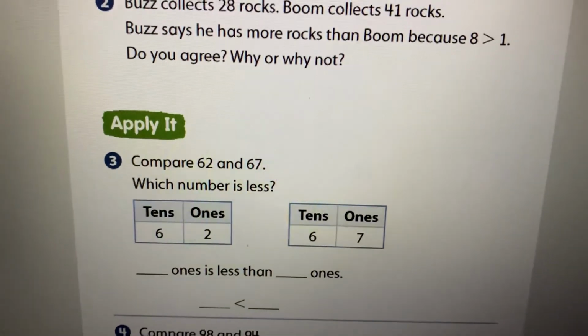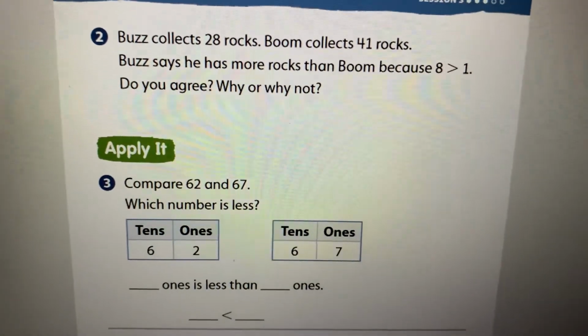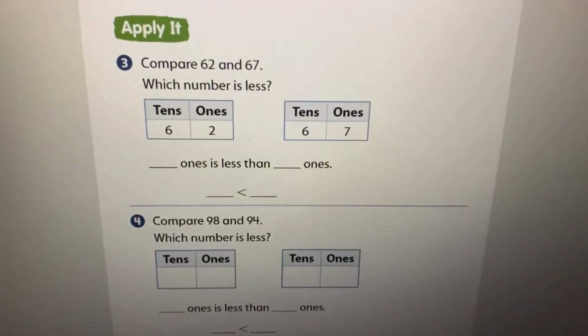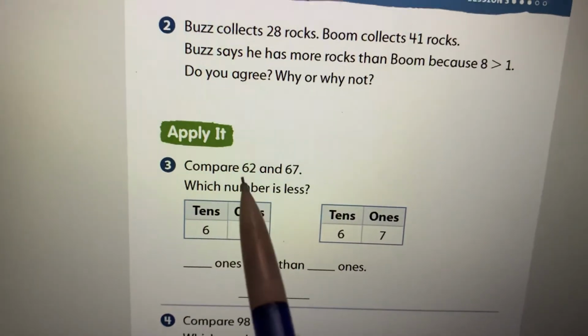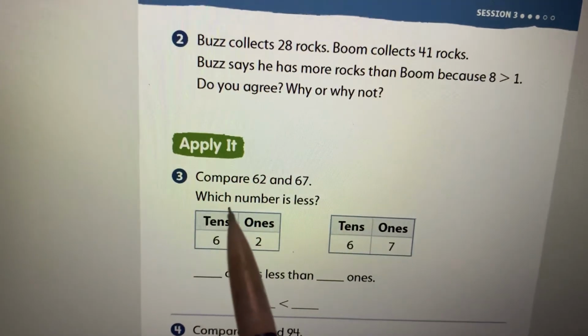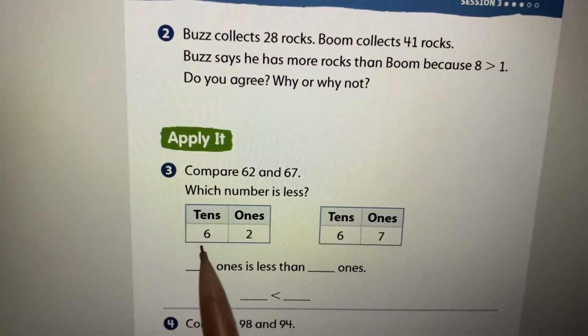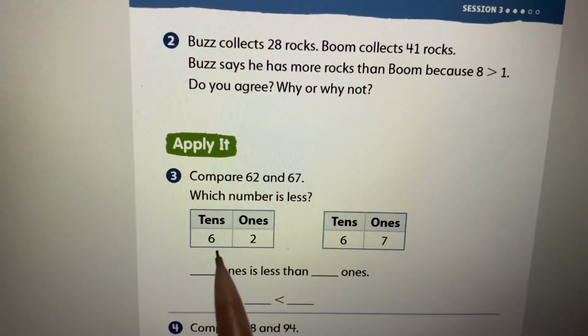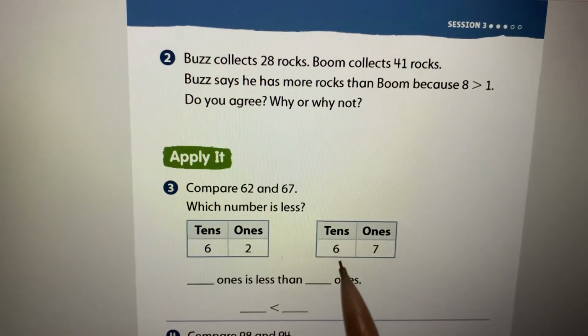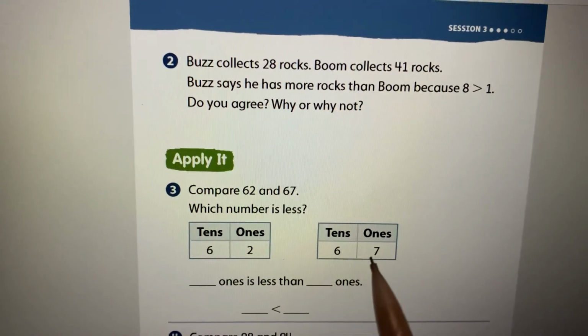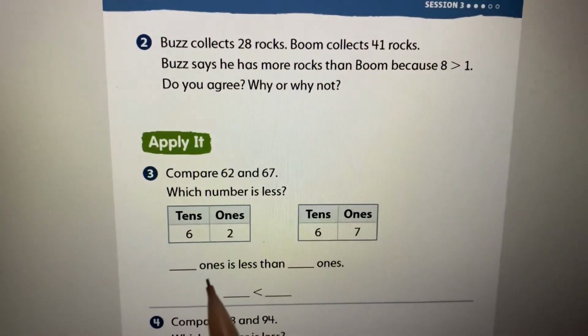Okay, we're gonna do this one quickly together. And then I'm going to give you some time on the bottom to do that by yourself. Compare 62 and 67. Which number is less? 62 has 6 tens, 2 ones. 67 has 6 tens and 7 ones.